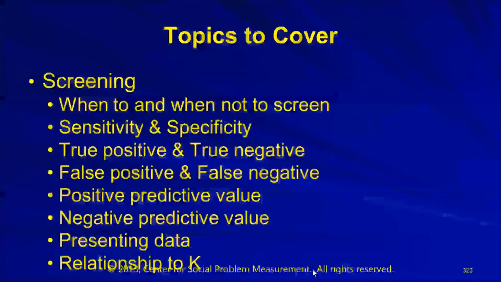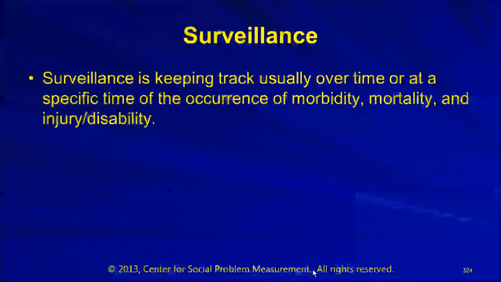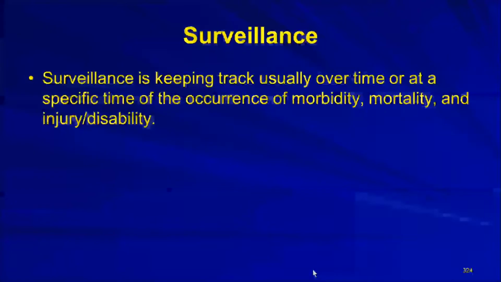So let's focus a minute on surveillance. As I mentioned, it's keeping track over time of morbidity, mortality, injury, and disability. That's really what surveillance is. Some people think about it as a cop car sitting outside their home, waiting for them to arrive because they've been involved in some illegal activity.